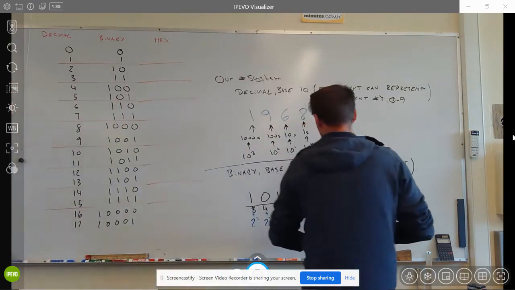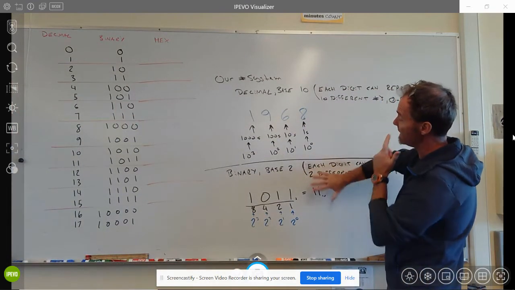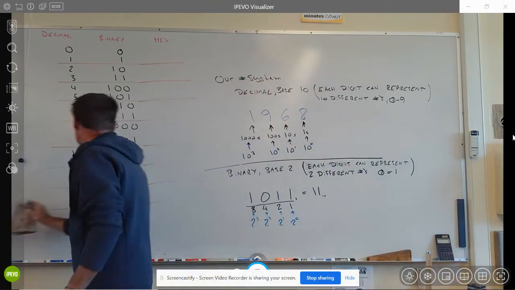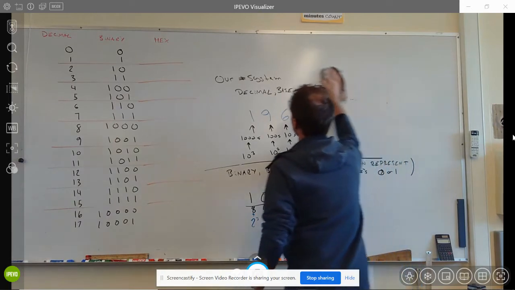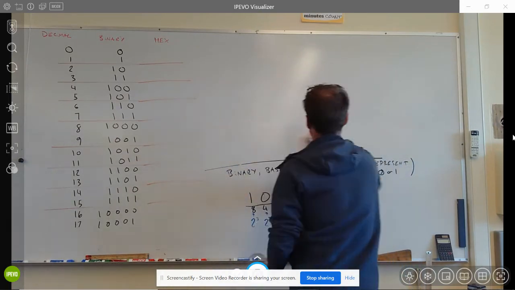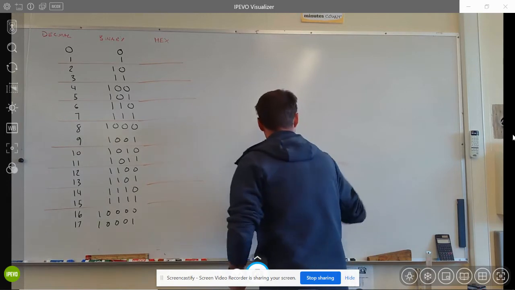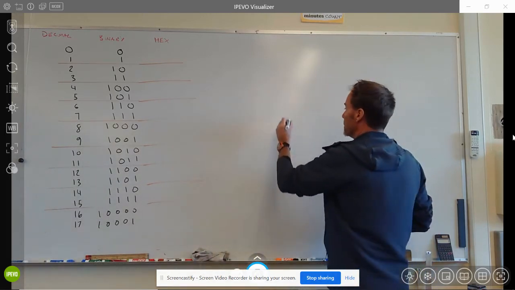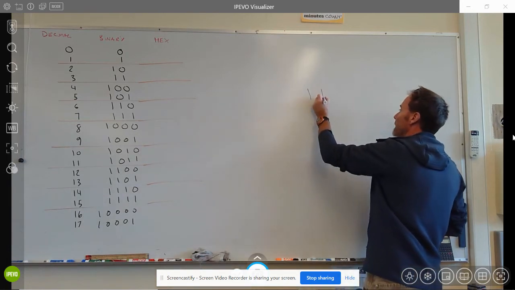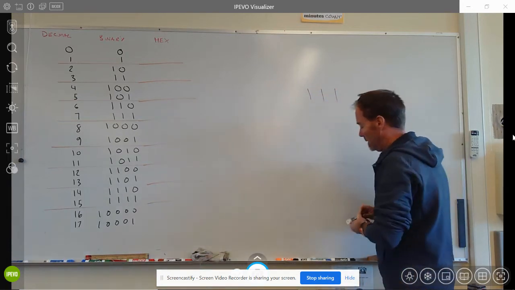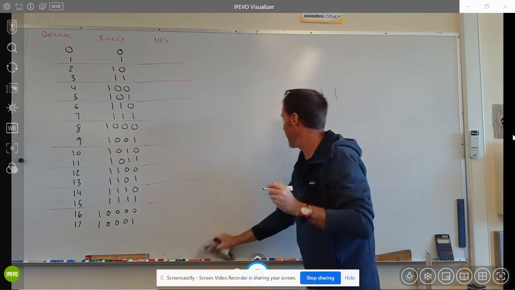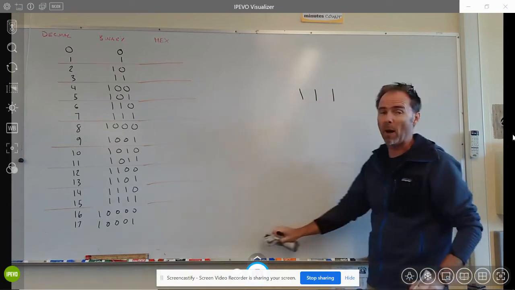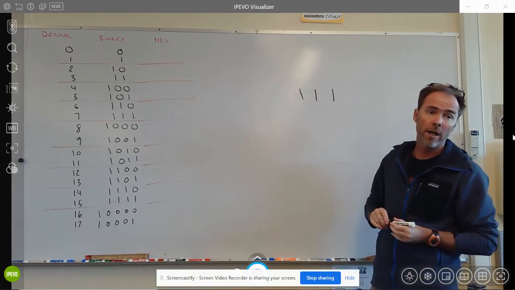Okay, let's do another one. Let's erase these really quick so you can see. Let's take 1, 1, 1. So in binary, what is 1, 1, 1?